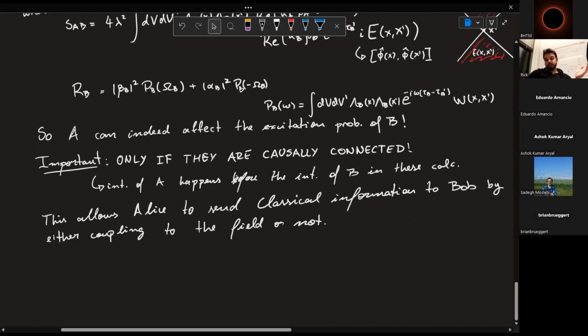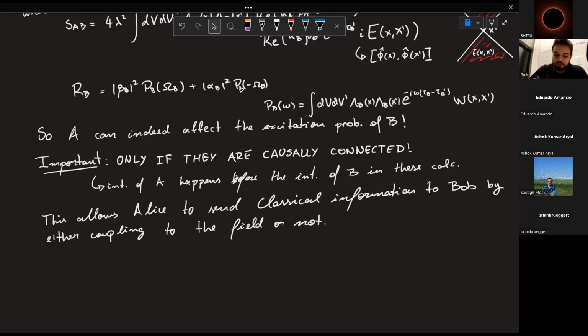So if Alice decides to do this using perturbation theory, then she will affect the excitation probabilities of Bob very, very little. Okay. So basically, this is a very noisy protocol. It's very hard to send information using this idea, but it can be used.